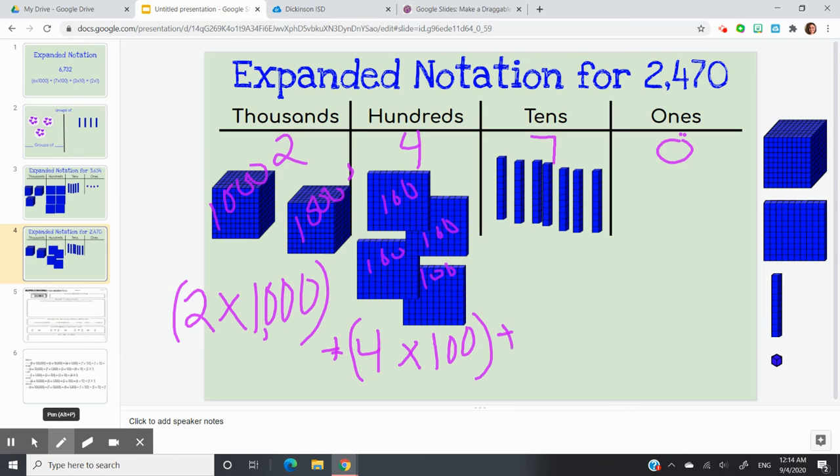And then we have 7 tens. So that means I have 7 groups of 10. I do not have any ones, so I don't need to put anything else on my number sentence. So 2,470 represented in expanded notation is 2 times 1,000, 4 times 100, and 7 times 10.